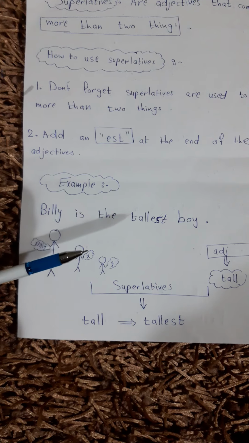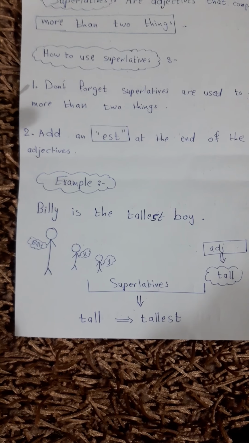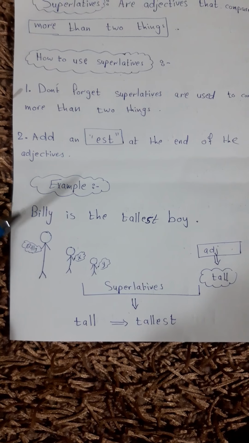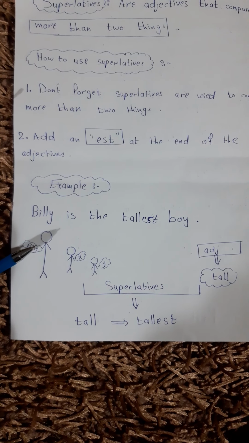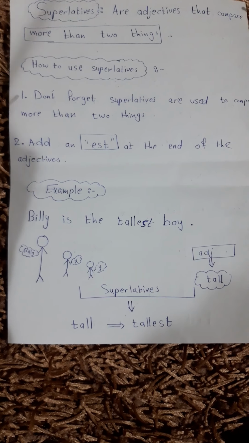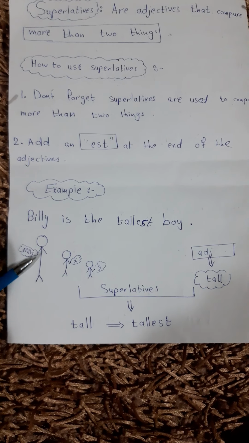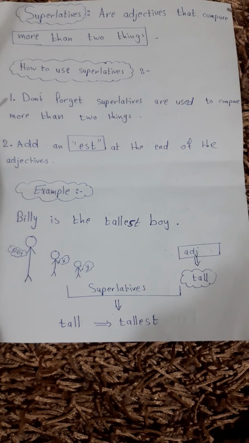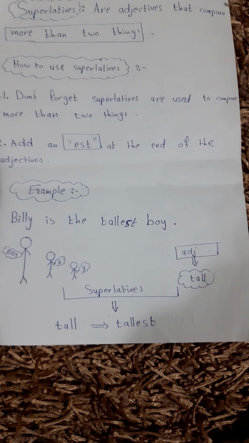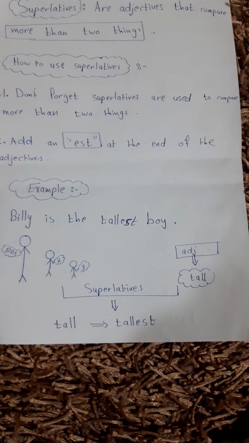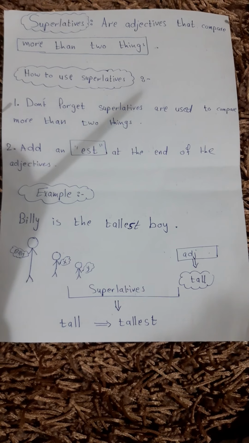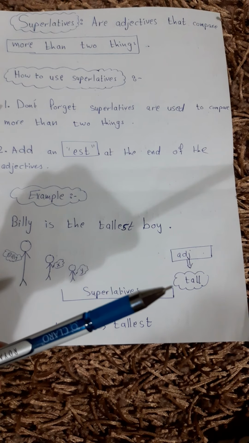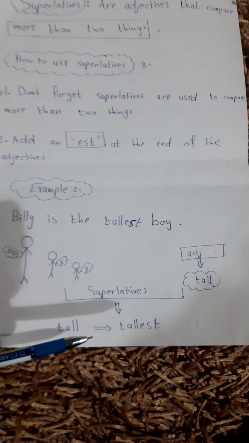Billy, Tom, Colin, they are running, but Billy is the fastest boy. Here we must use the superlative rule, so we must add an EST at the end of the adjective.